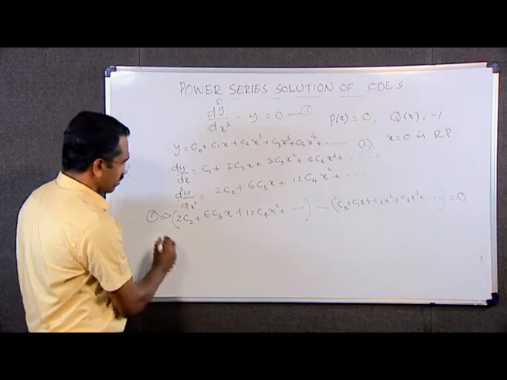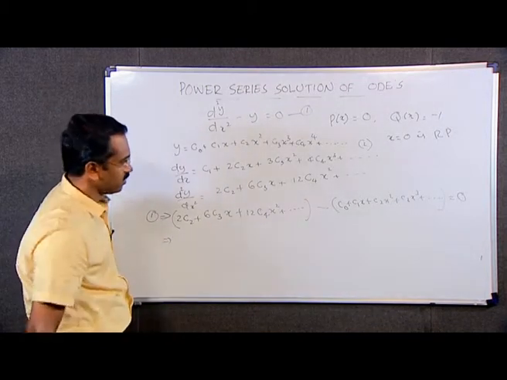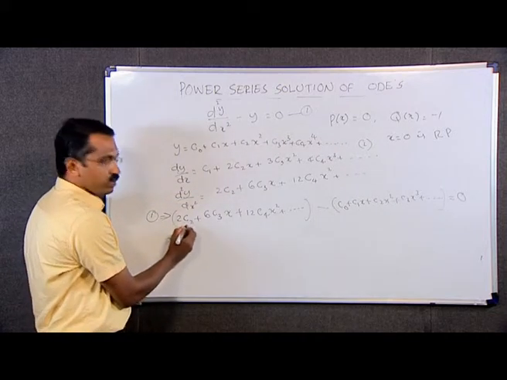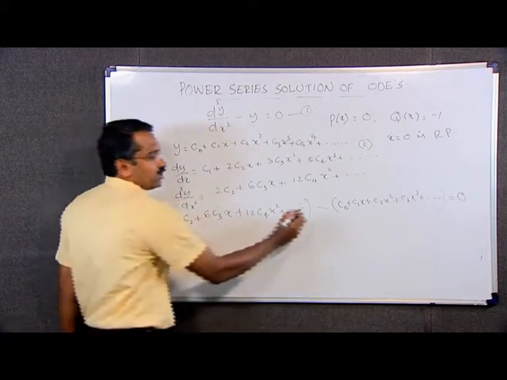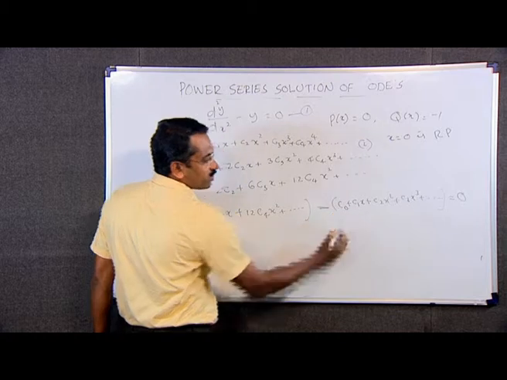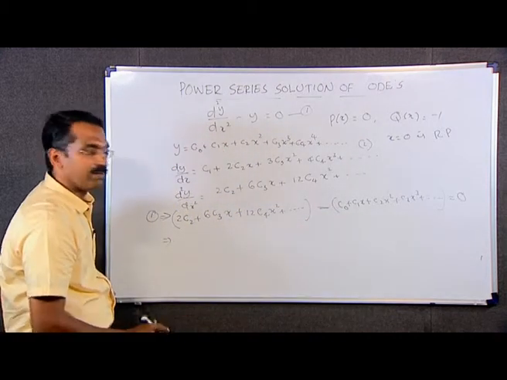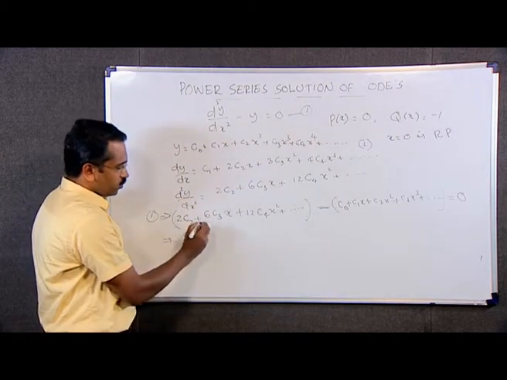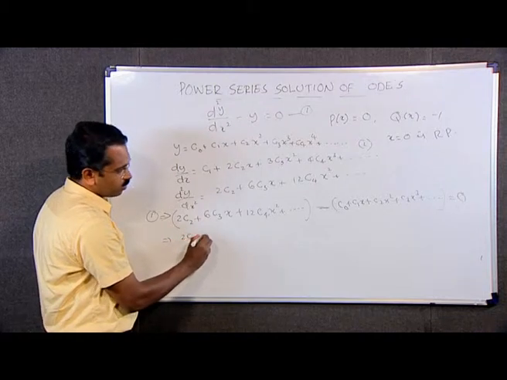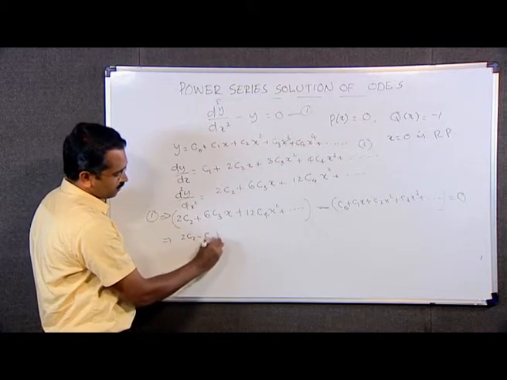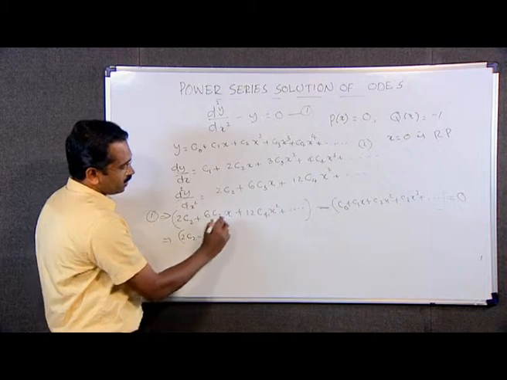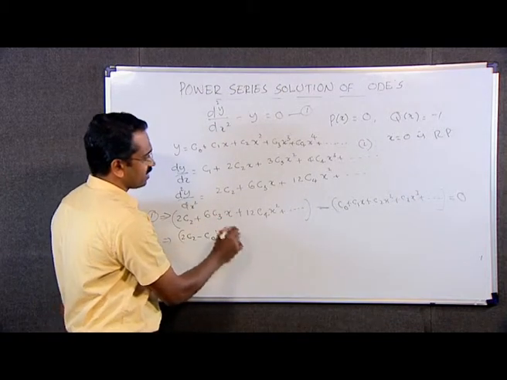That means we can write this as, here 2c2 is a constant term, in this c0 is a constant term, therefore we can combine the two constant terms 2c2 and minus c0, plus here the coefficient of x is 6c3.